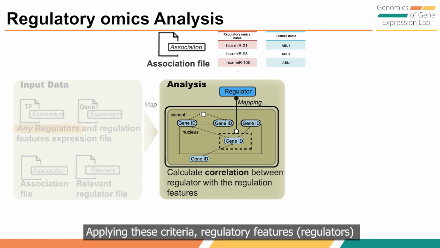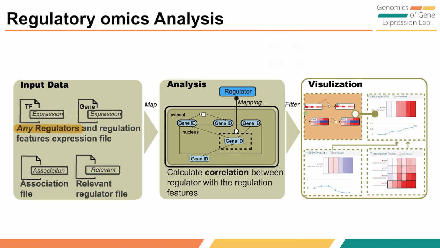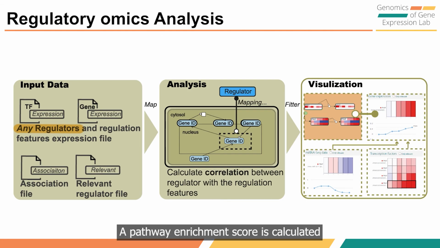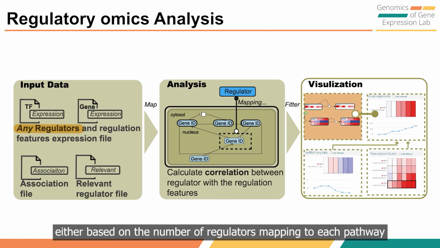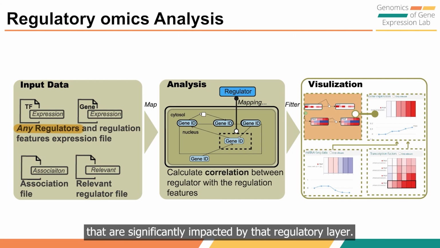Applying these criteria, regulatory features, regulators, will be mapped to their targeted features and their corresponding pathways. A pathway enrichment score is calculated either based on the number of regulators mapping to each pathway or on the number of regulated genes present in the pathway. Enriched pathways for the regulatory omics modality represent biological processes that are significantly impacted by that regulatory layer.